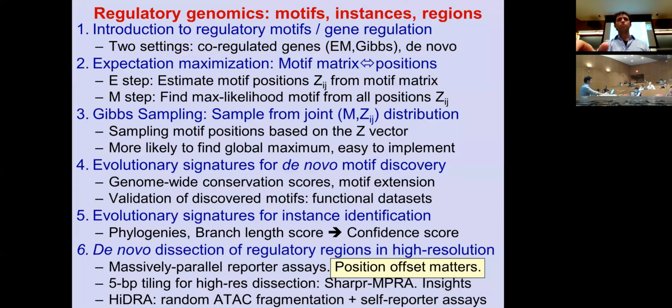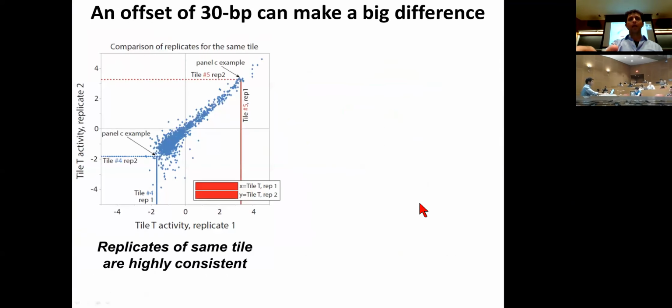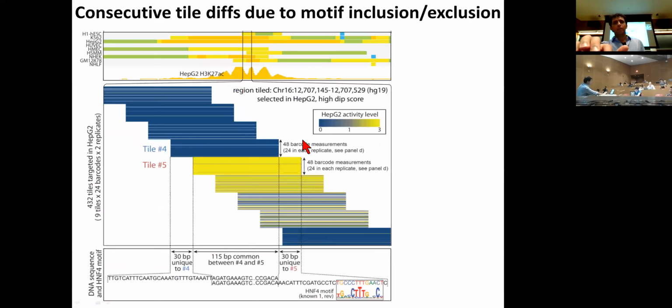Okay? So I can take a step further, and instead of testing a single sequence, I can offset things by 50 nucleotides at a time. Okay? And when I do that, I find that sometimes, as I get closer to the predicted site, things increase in value. And in fact, I find regions where none of these offsets work, and suddenly this offset and that offset work very well, and then this offset doesn't work anymore.